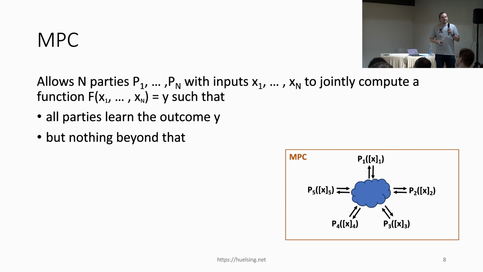So obviously, if the function is sum and the outcome is 10, I know that the other inputs together with mine sum up to 10. So this information I cannot hide, right? But I shouldn't learn anything which I cannot derive from my own input and result.